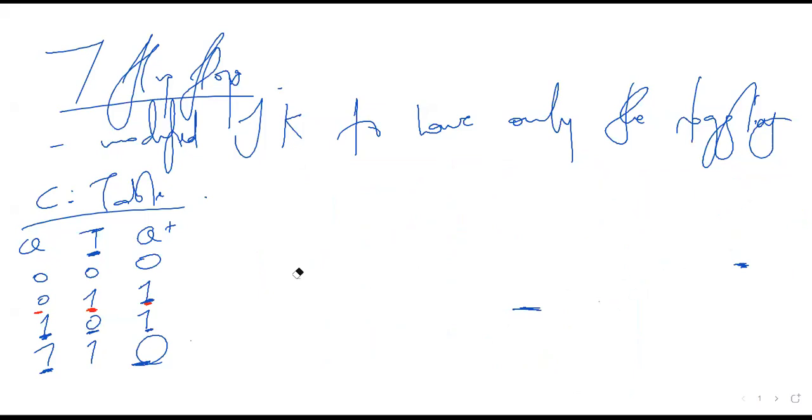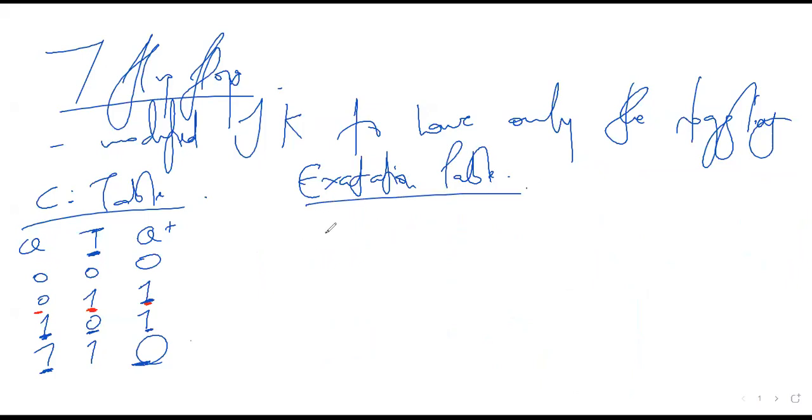What is the excitation table? The excitation table shows you what changes you need to make. For the excitation table, we have Q and Q next. Then we have T. What changes do you need to make on your flip-flop to get the intended change of states?